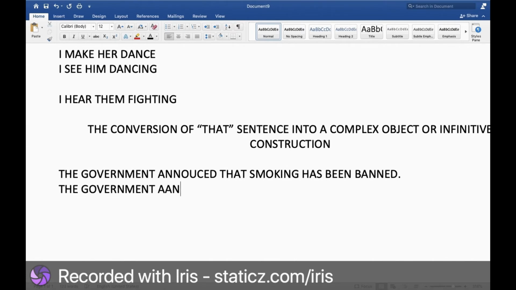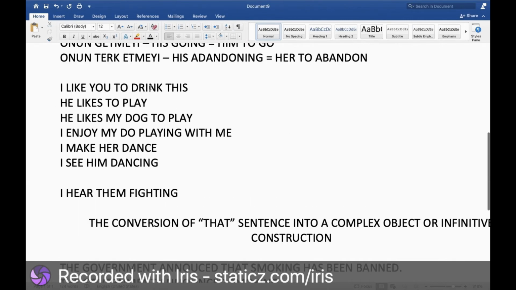The government announced. Okay, when we convert this into a complex object, we take the subject as an object, smoking, and we take the verb as an infinitive construction, just like this: I like you to drink.